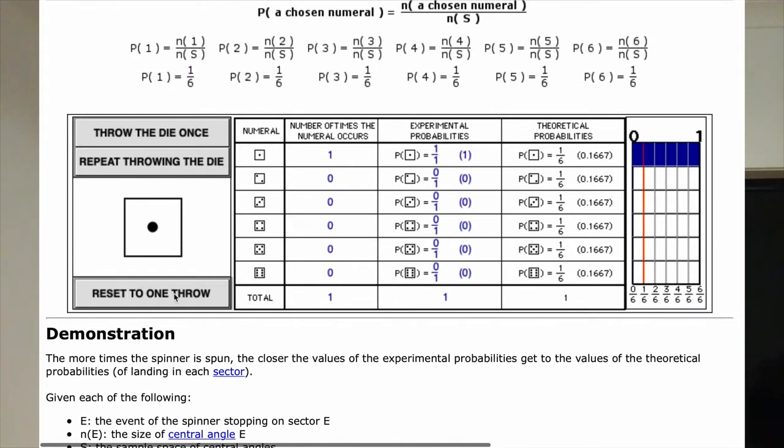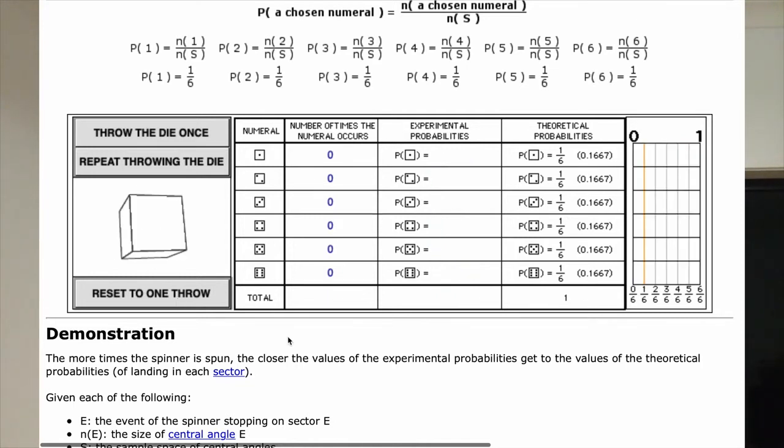So, I'm going to roll the dice 10 times. Over here we've got our theoretical probability, which is 1/6, and we're going to look at rolling a 3. We're looking at that line right there.